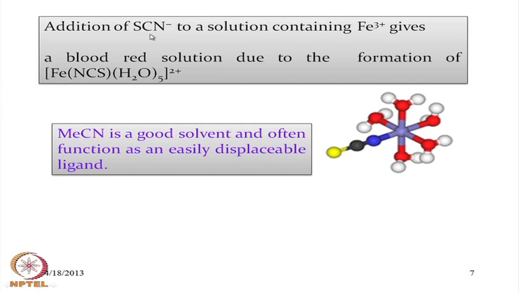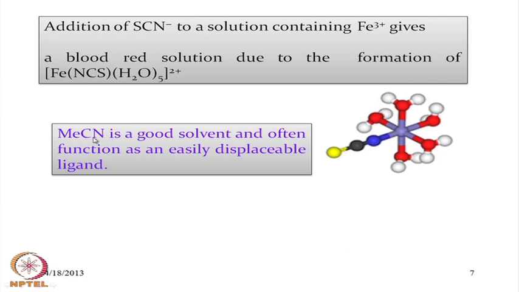Similarly, like thiocyanate, which is a 3 atom species having a charge, is going to bind to the iron center. The solvent like water, this is CH3CN, that means it is acetonitrile solvent. It is a very good solvent because it is an organic solvent, unlike water or methanol as the solvent.